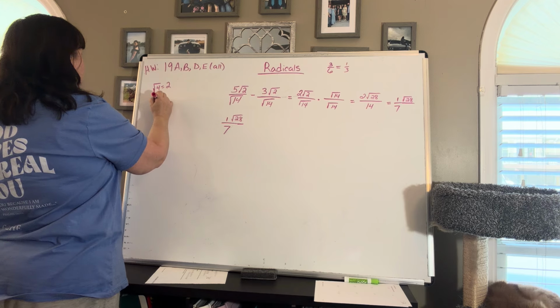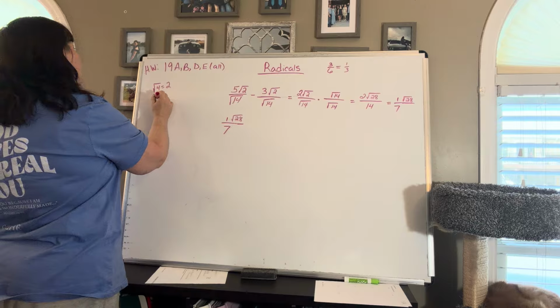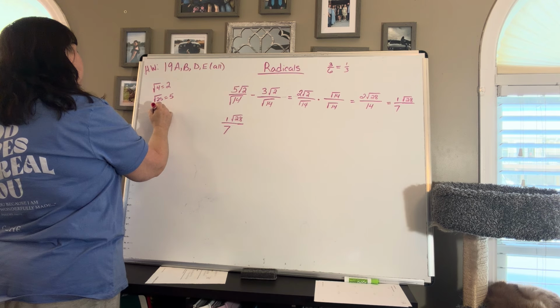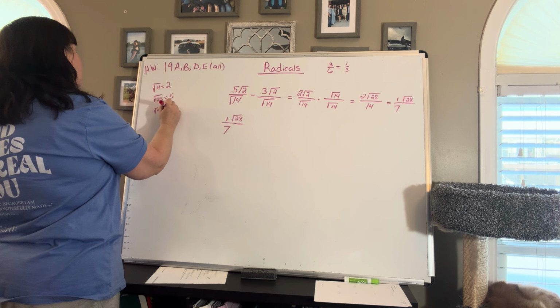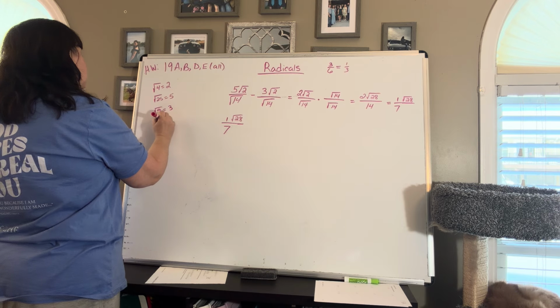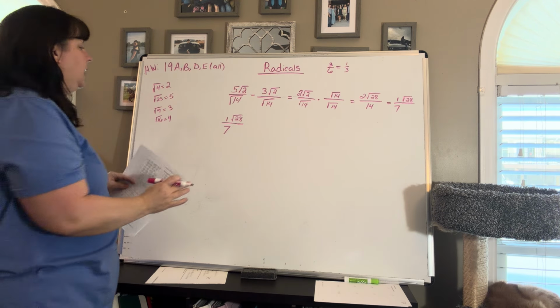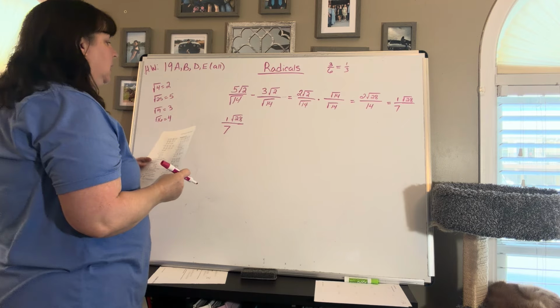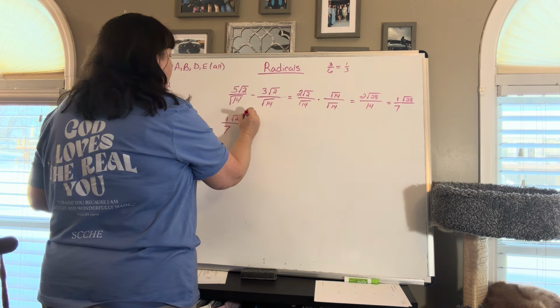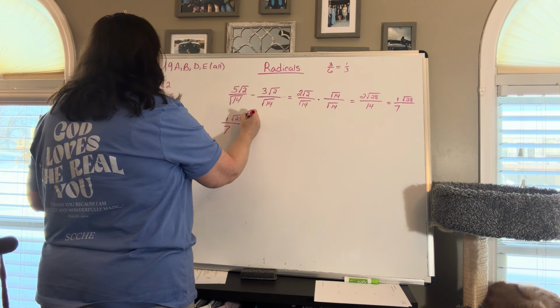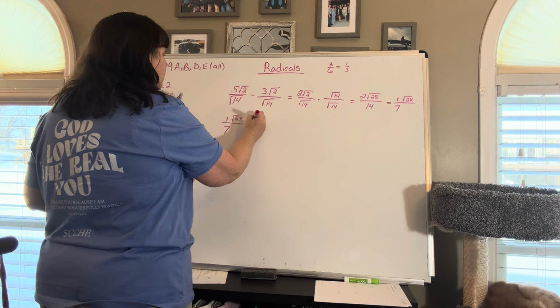The square root of 25 is 5, 9 is 3, 16 is 4. Okay, so this is where I'm thinking about my perfect squares, right? And I know that a factor of 28 would be 2 and 14, okay?